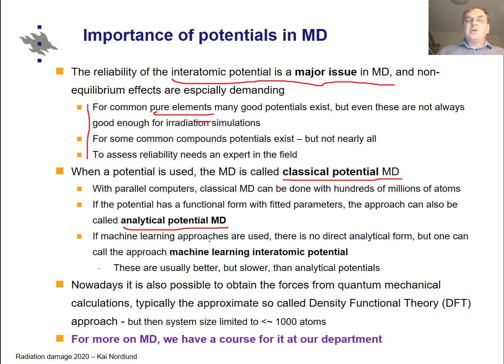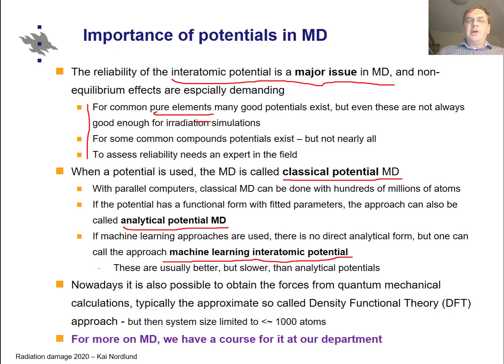More recently, people started using machine learning, for instance, neural networks, Gaussian process regression, and other machine learning tools. Then there isn't really any analytical form. One cannot write out some equations on pen and paper which would describe the potential, and then these potentials can be called, for instance, machine learning interatomic potentials.